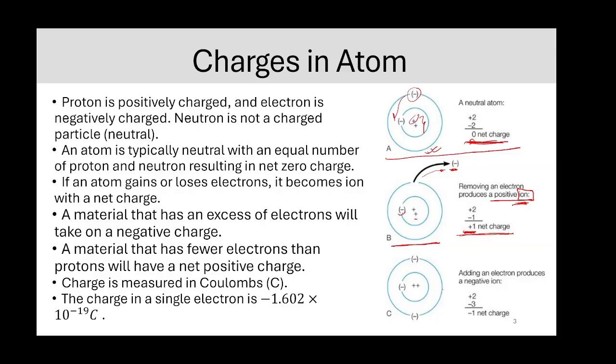And the other way, if it gains electrons, and then if we calculate the net charge, we have three negative charges but only two positive charges, resulting in a negative net charge, and we call it a negative ion.